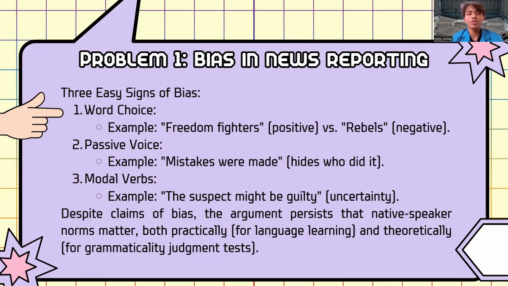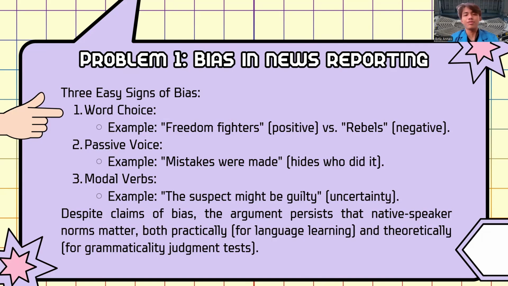So word choice can carry a lot of meaning, and some are more emotional. Saying freedom fighters makes people feel sympathy and courage, but saying rebels makes it seem so dangerous. So choosing one word over another can create biased language.